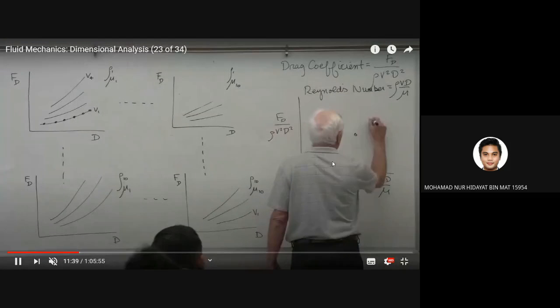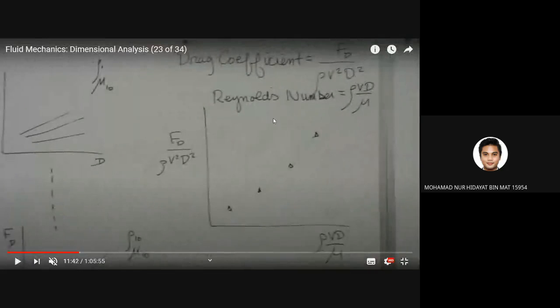Alright, and then here he explained that person B comes to the company, and then he plots the dimensionless analysis, FD versus rho V squared D squared, against rho VD over mu, and then he conducted one single experiment that can cover the whole 2 years of experiments.